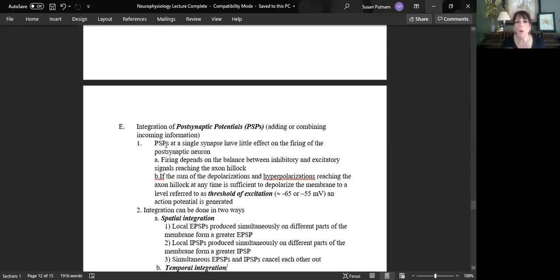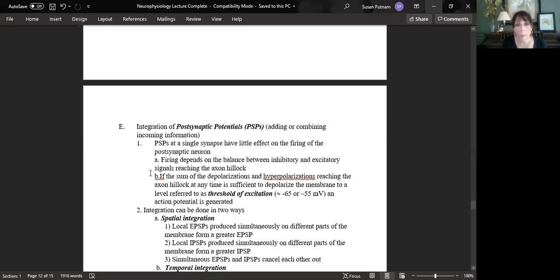If you have a postsynaptic potential just at one synapse, that's going to have little effect on the firing of the postsynaptic neuron. Ultimately, whether that neuron fires or not depends on the balance between inhibitory (don't fire) and excitatory (fire, fire, fire) signals reaching that axon hillock.